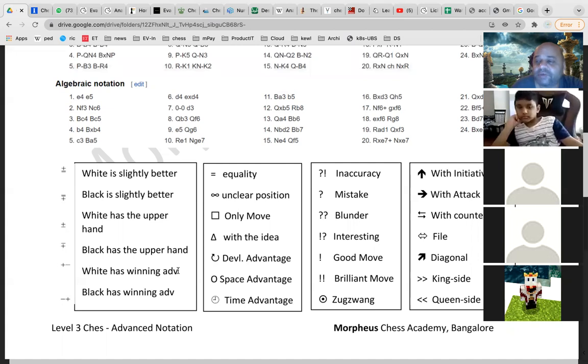Winning advantage means you can just exchange everything and clearly win. You don't need to bother about playing complex positions. Plus minus means that it is technically a won game. You just have to convert it into a checkmate. Similarly, minus plus means black has the winning advantage.